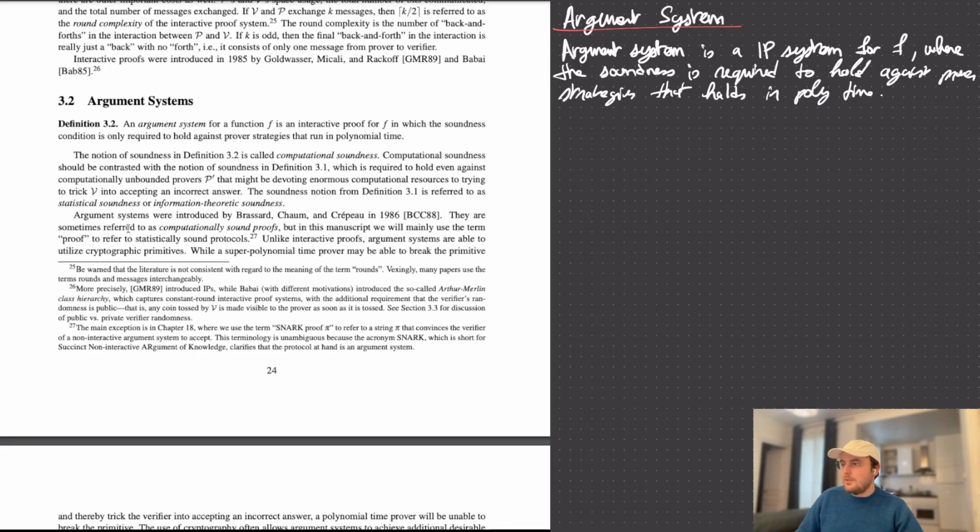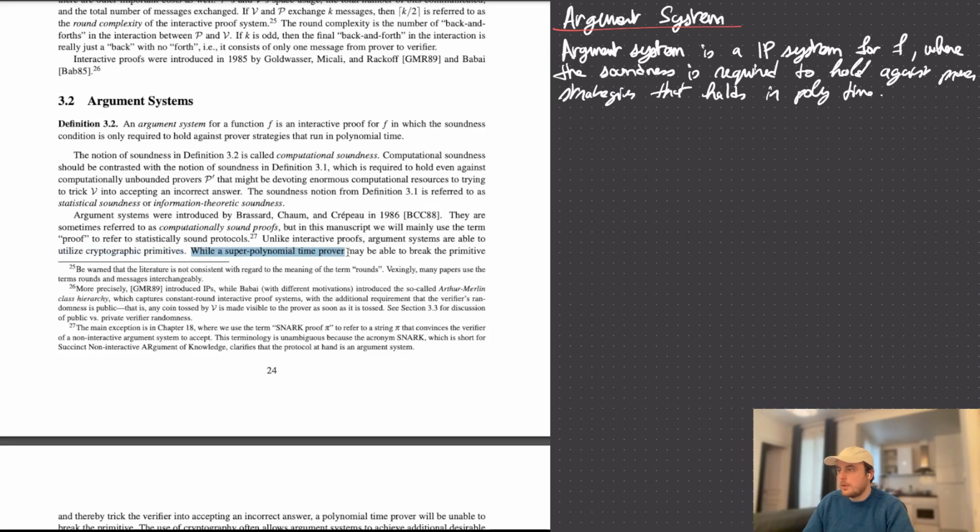They are sometimes referred to as computationally sound proofs, but in this manuscript we will consistently use the term proof to refer to statistically sound protocols. Unlike interactive proofs, argument systems are able to utilize cryptographic primitives.